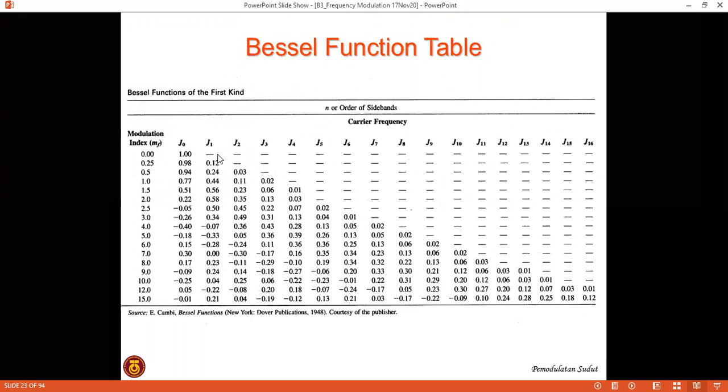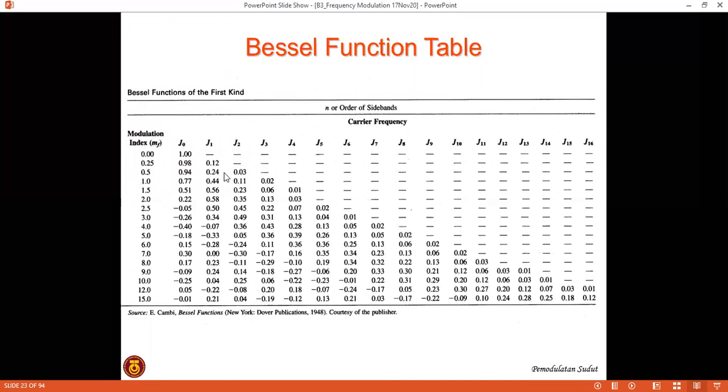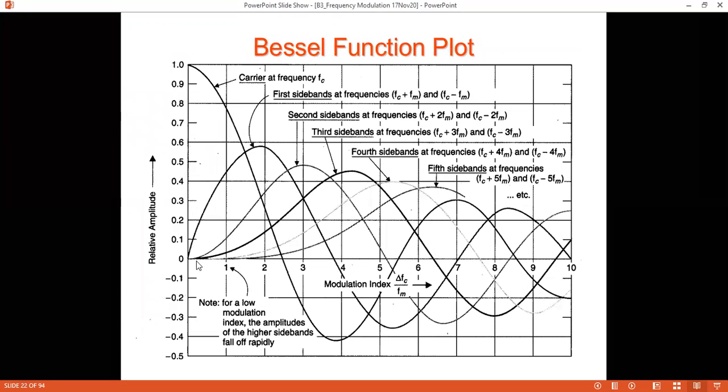You need to know how to find the number of sidebands and the amplitude for each sideband, both from the table and from the graph. Let's look at this graph. When beta is equal to 0, we have only the carrier frequency, and the relative amplitude is equal to 1. Let's see another example, beta equal to 1 or 2.